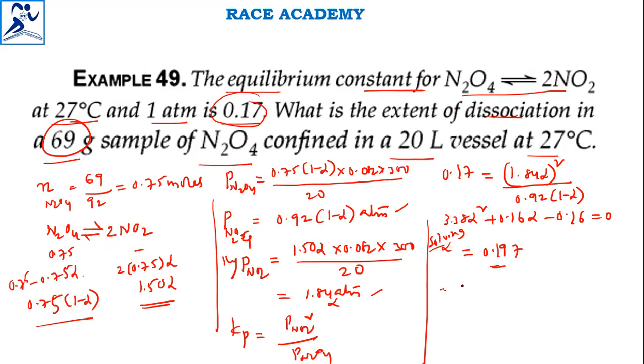Therefore, what is the percentage of dissociation? Percentage of dissociation is equal to 0.197 into 100, which is 19.7 percent. 19.7 percent is the answer for this question.